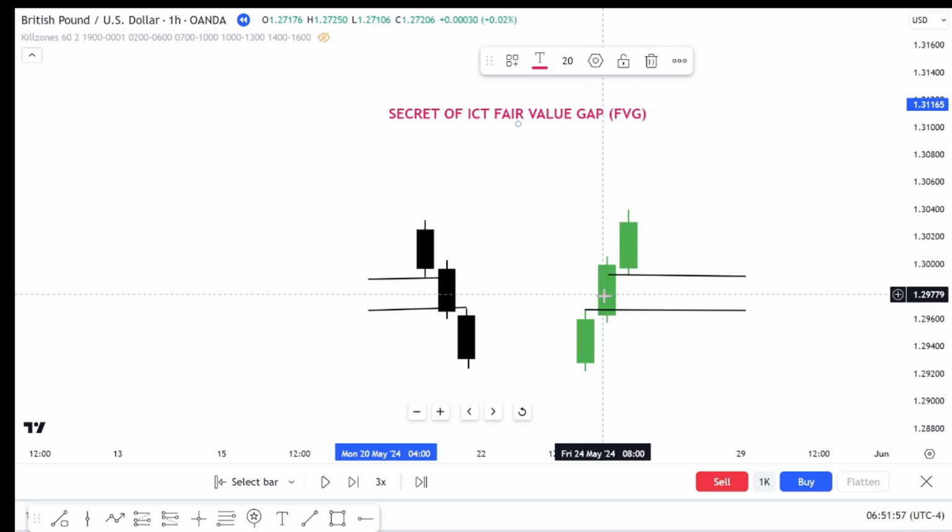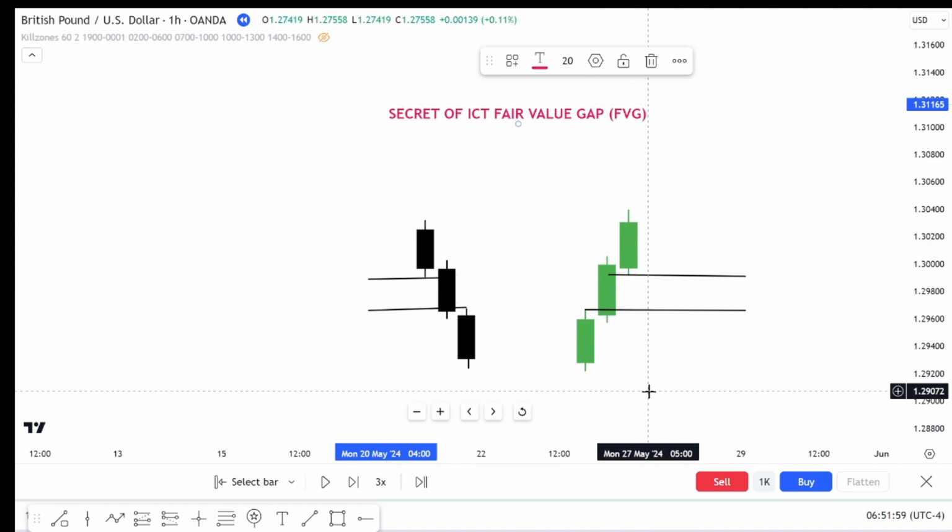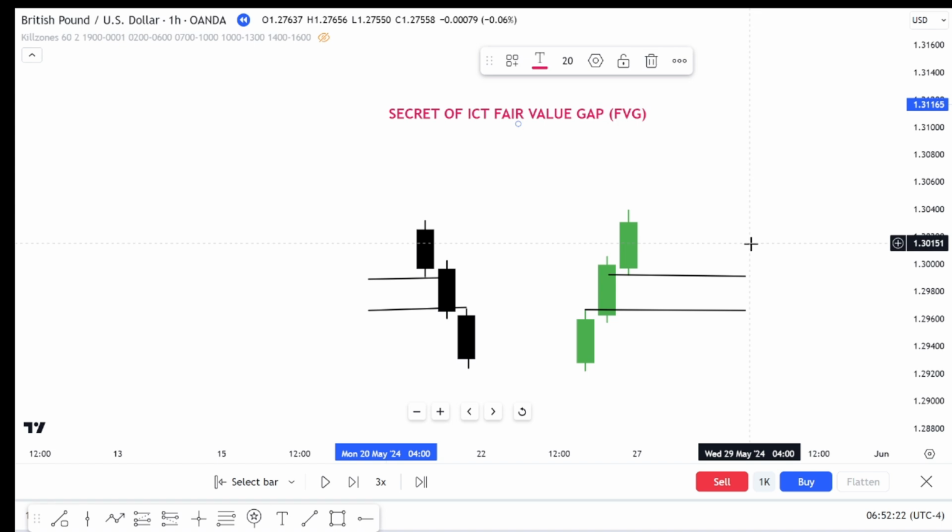This also means that in the case of this bearish, the bulls are in control and do not offer the bears an opportunity to close this gap, leaving an inefficiency behind. It is expected that price will in future come back and fill this gap to attain fair value of price, right? So this is basically what fair value gap is.